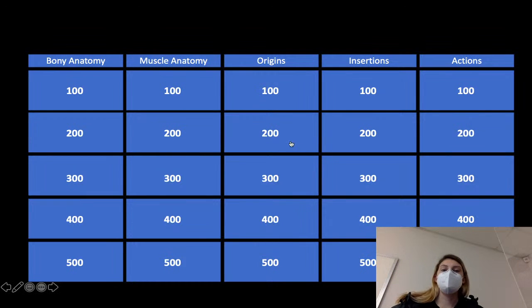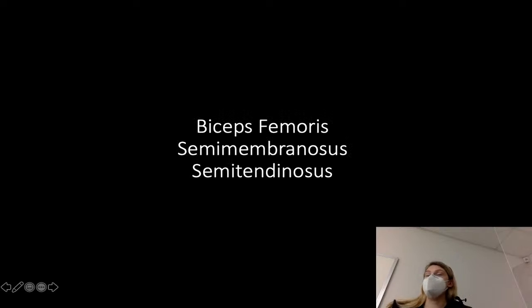Origins 2. So this one, ischial tuberosity, there are multiples, list them all. So what are the muscles of the hamstrings? Okay.